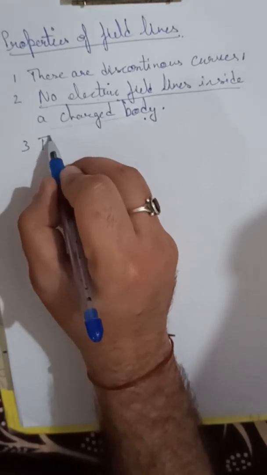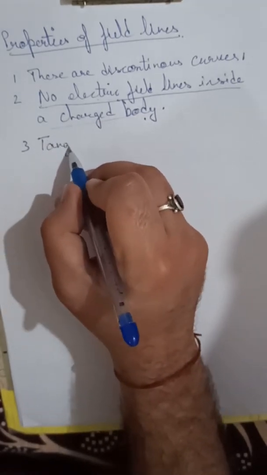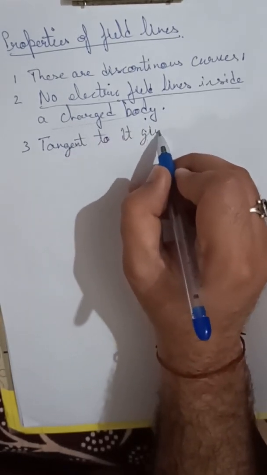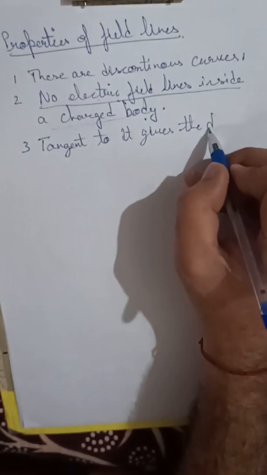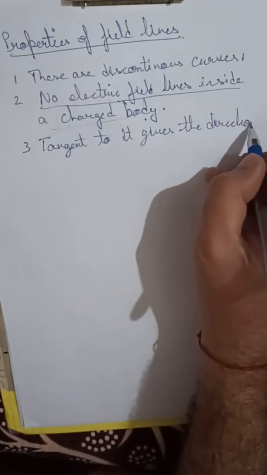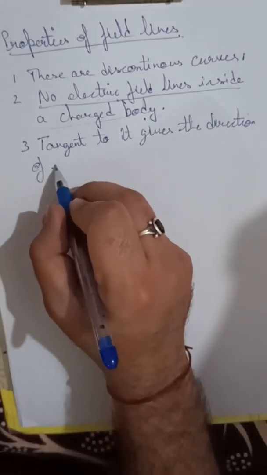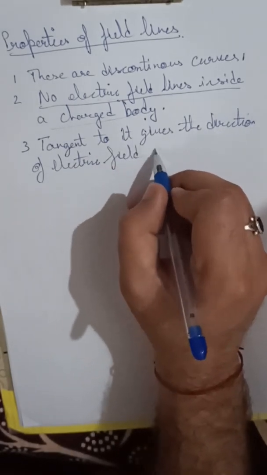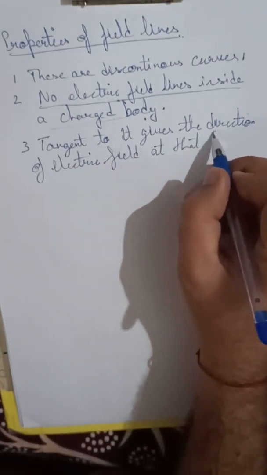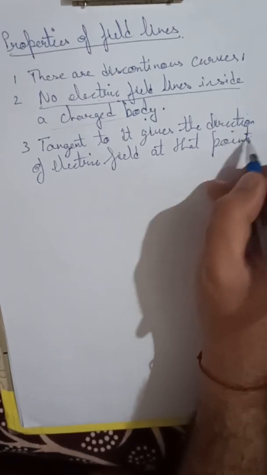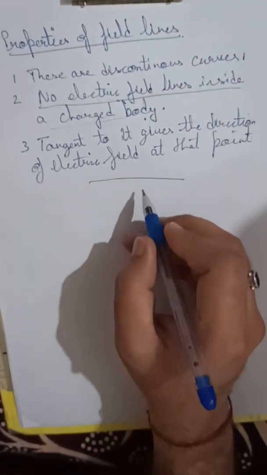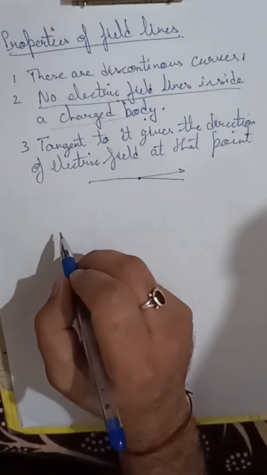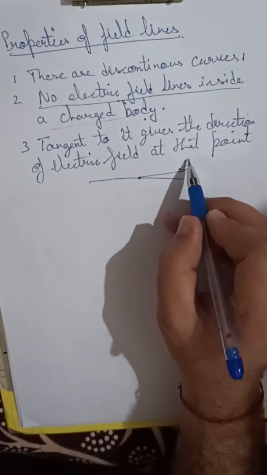Also, we know that in the definition, the tangent to it gives the direction of electric field at that point. For example, this is an electric field line. Suppose we have to find this, we will draw a tangent from here. So this is the direction of electric field.